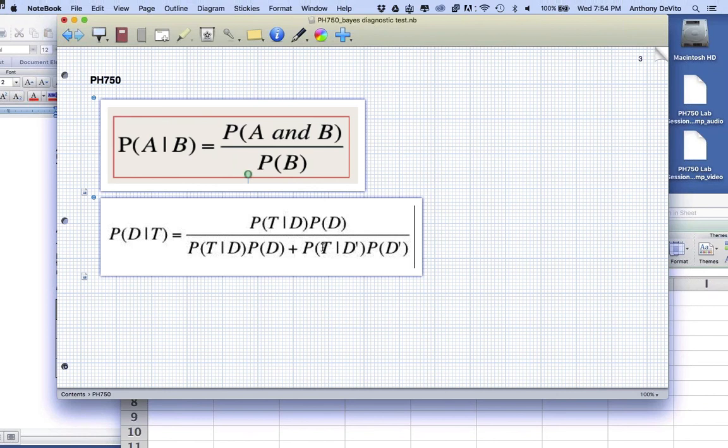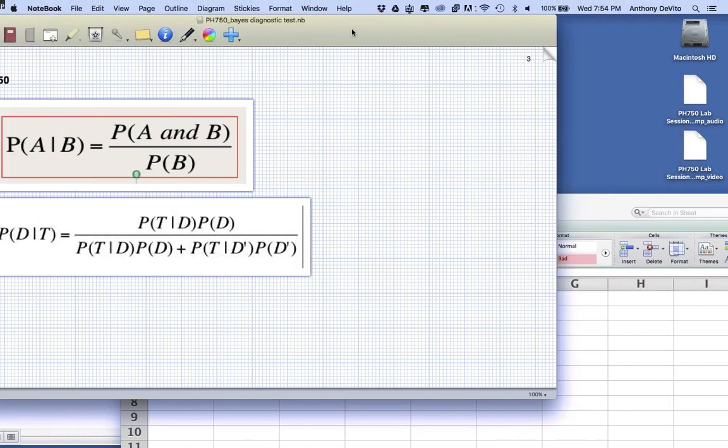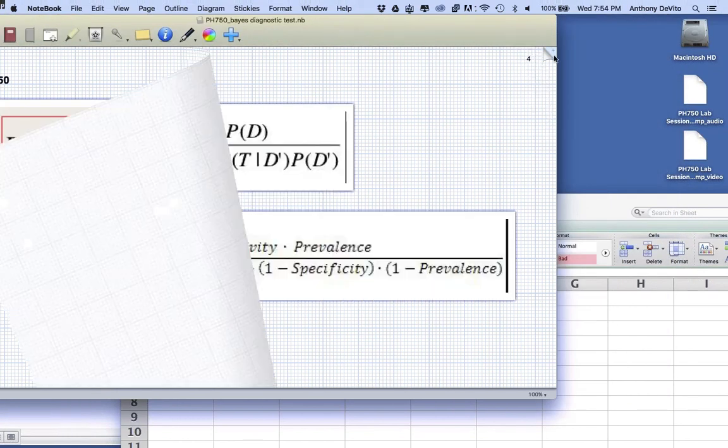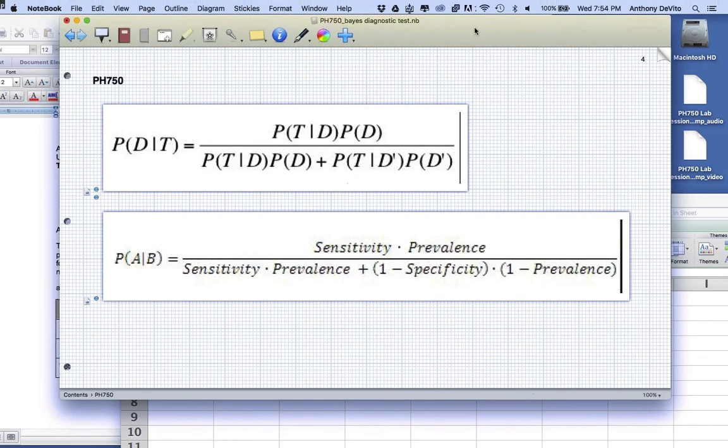So the probability you test positive, I'm going to move over to this next version of it so we can see this. The probability that you test positive, given that you don't have the disease. Well, if that had been the probability that you don't test positive, given you don't have the disease, it would be the specificity. But it's the probability you test positive, given you don't have the disease.